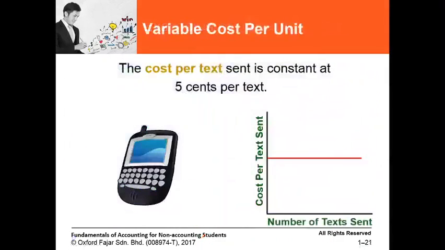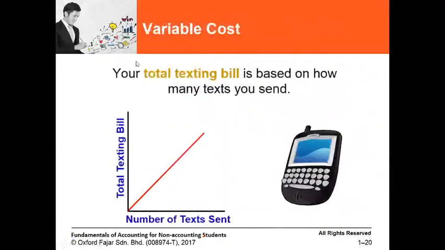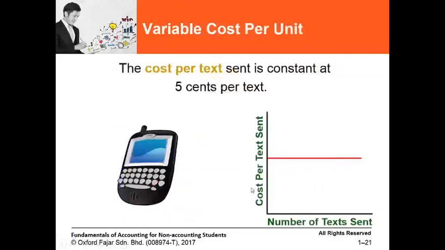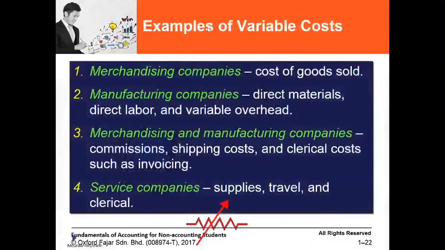But for the variable cost here just now, the keyword is the total texting bill. Okay, so this is a total cost that you have incurred for the whole month, not for an individual text message. Okay, so this one is individual cost per text sent. Alright, so these are the examples of variable costs.